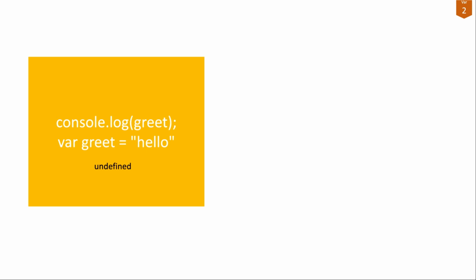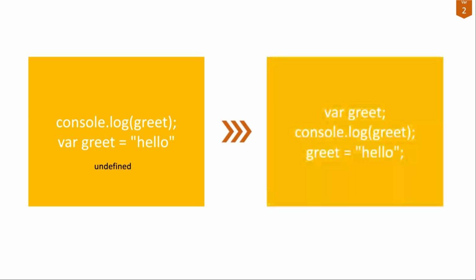This is because the variables declared using the var keyword will be moved to the top of the scope, and the code will be converted as var greet, the declaration, and then console log, and then initialization. We have a variable declaration, but it is not initialized yet, so it will be initialized to the value undefined. That is the reason we are seeing the value in the output as undefined. This concept is called variable hoisting. Again, if you need more examples, watch my previous video on hoisting.